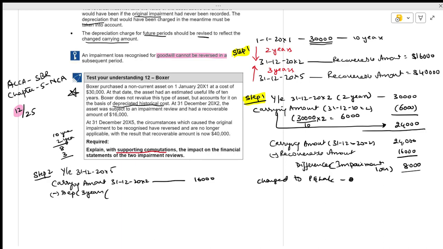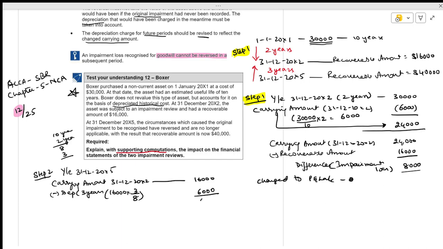On the revised amount we have to calculate 16,000 times 3 divided by 8. How much is there? It comes to 6,000.